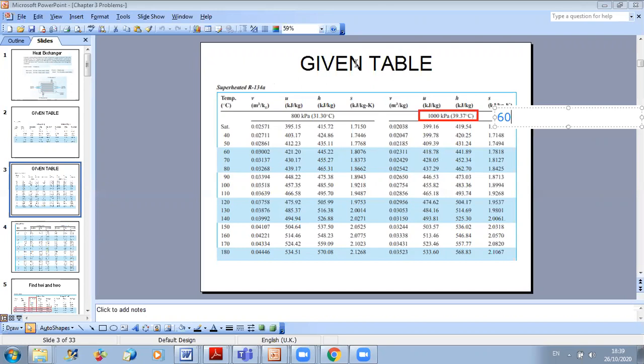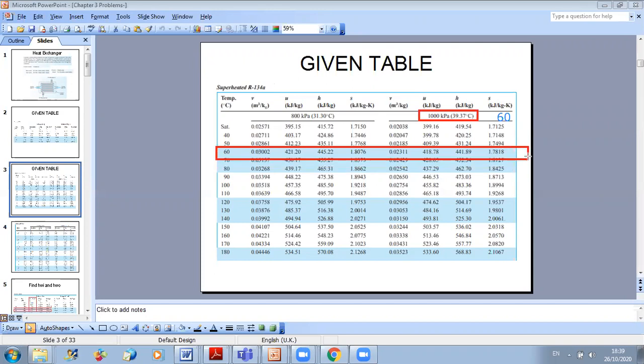And as you can see here, for 60 degrees and 1 megapascal, the value of the enthalpy is 441.89. If your assumption was wrong, it's not a problem.